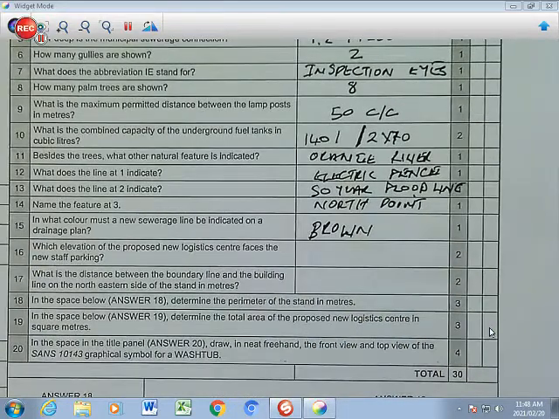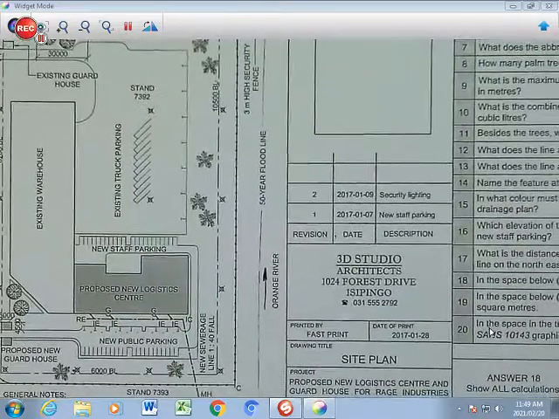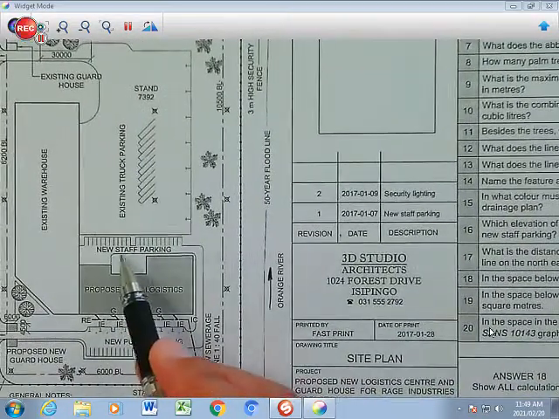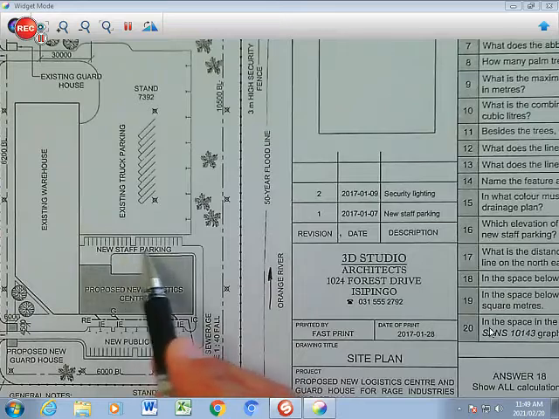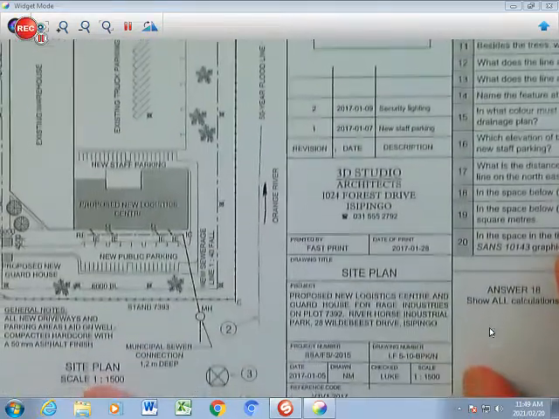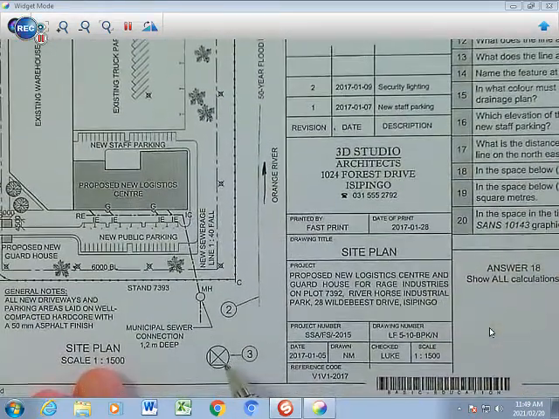Which elevation of the proposed new logistics center faces the new parking area or the parking bay? We're going to go to the logistics center, which is here, and there's the new staff parking. You need to find the direction, but you need to link it up with your north point here.